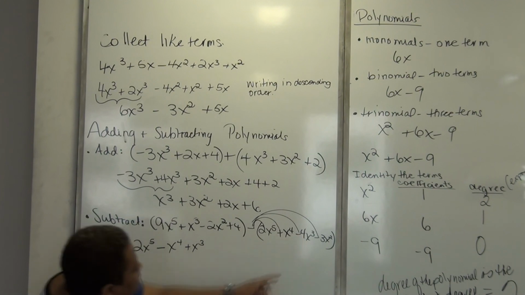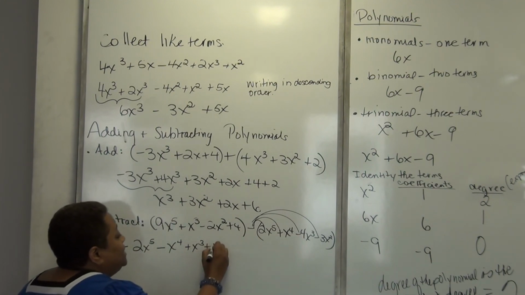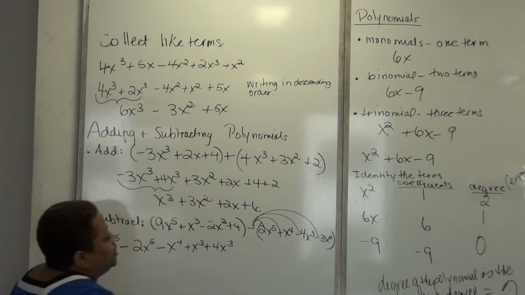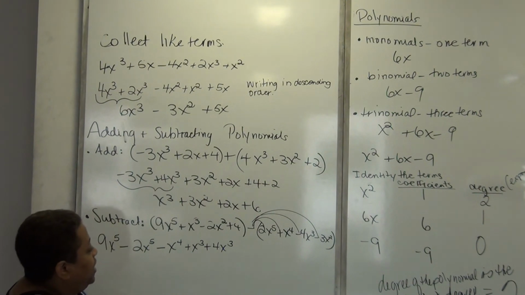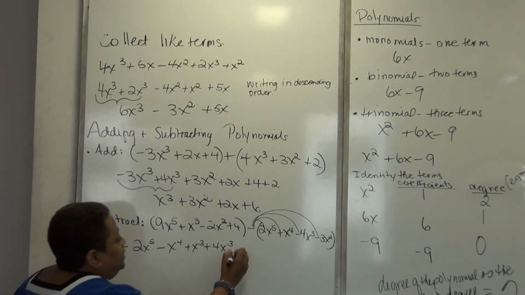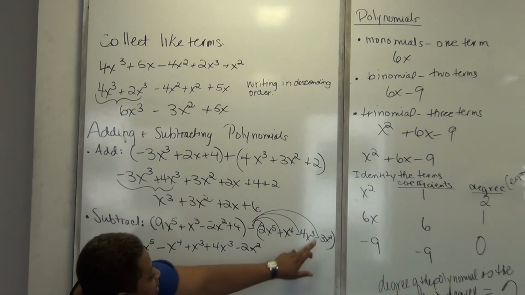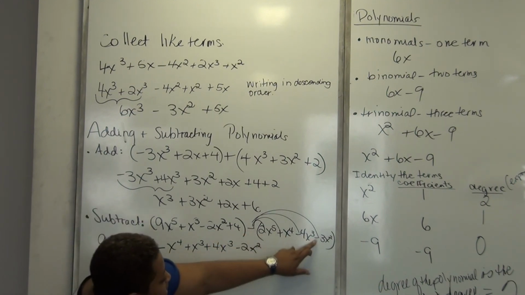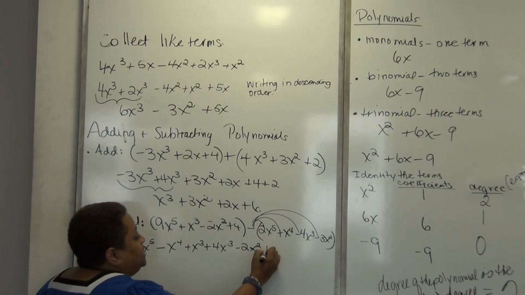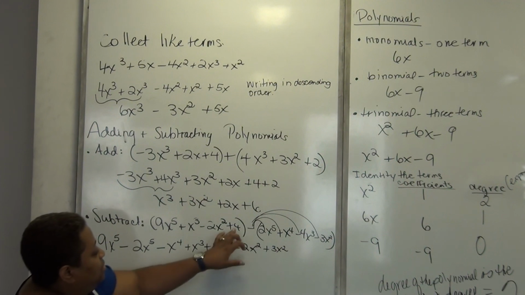Minus and a minus is plus x to the third. Okay, we got a squared here. Minus 2x squared. And a squared here. Minus or minus is plus. All right, and what's left? The plus 4.